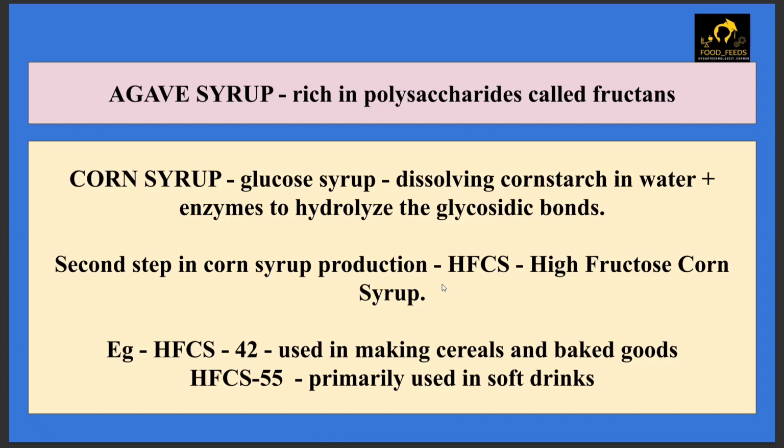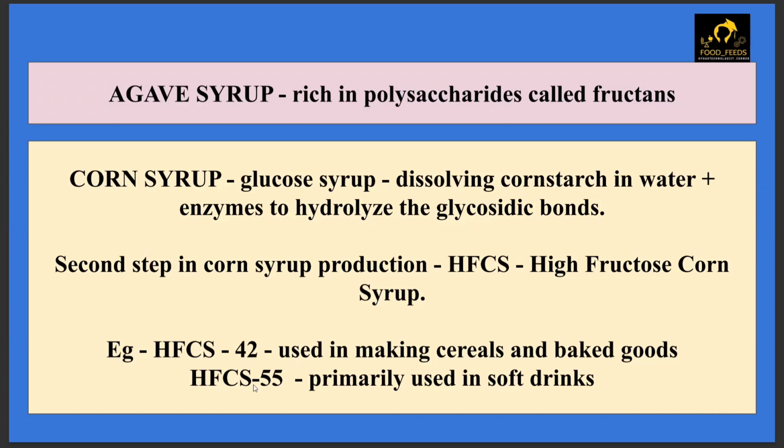The next is high fructose corn syrup, which is actually formed during the corn syrup production, in the second step, wherein they add an enzyme which will convert these glucose molecules into fructose. For example, high fructose corn syrup 42 represents that 42% of the glucose is converted to fructose.